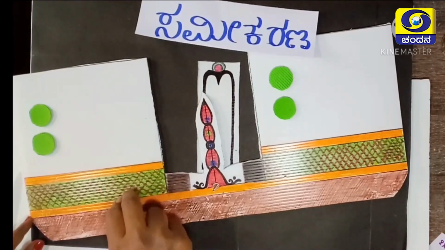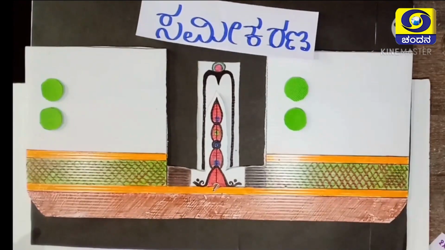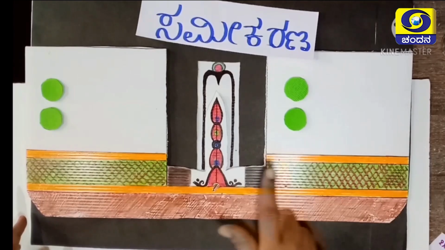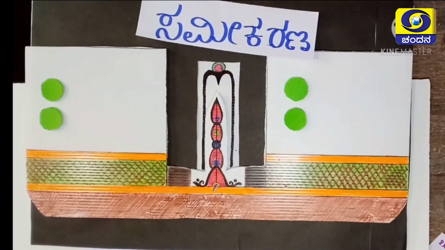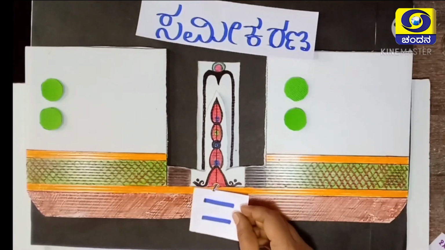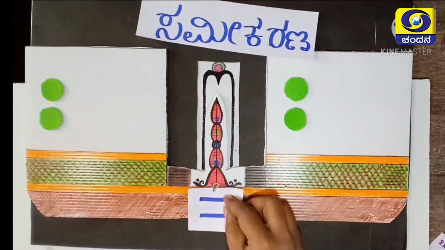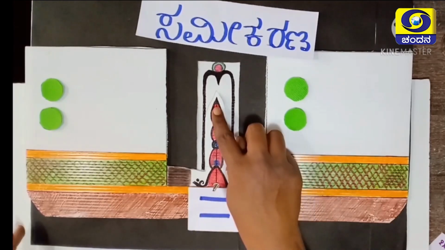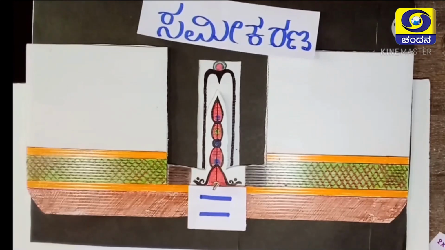So, I will have to take out another group also. Here I have a perfect balance. So, whether it is addition, subtraction, multiplication or division, if I do it on one side, I have to do it on the other side of the equation to maintain the balance, that is the equal sign, right?